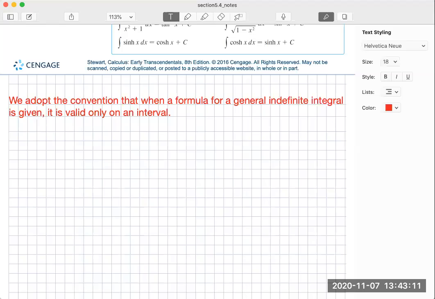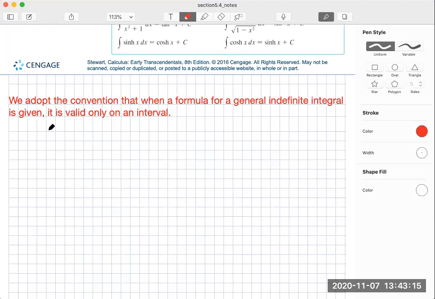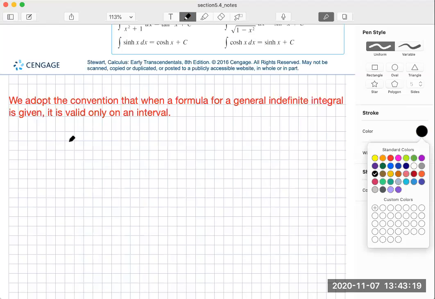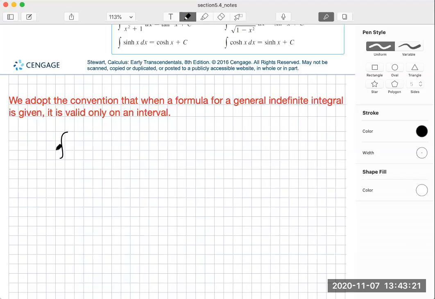So that is the convention. For example, if we want to compute the indefinite integral of 1 over x squared dx, it would be negative 1 over x plus a number c, where c is a constant.